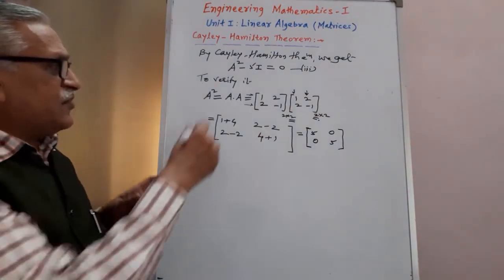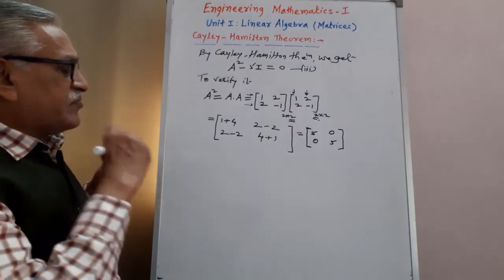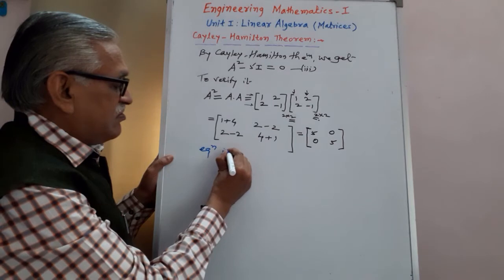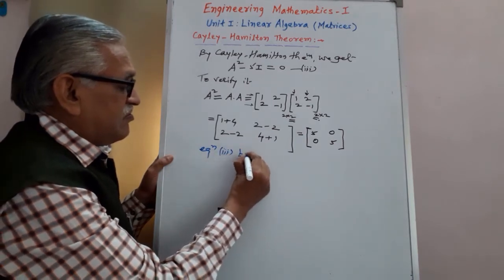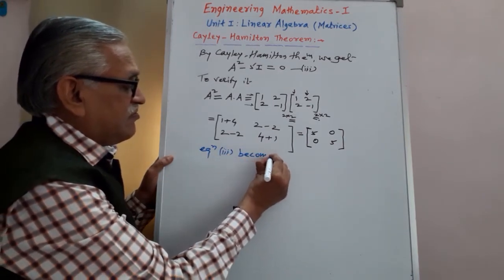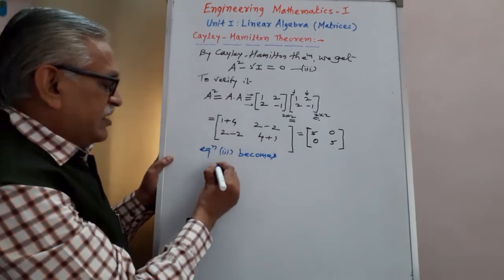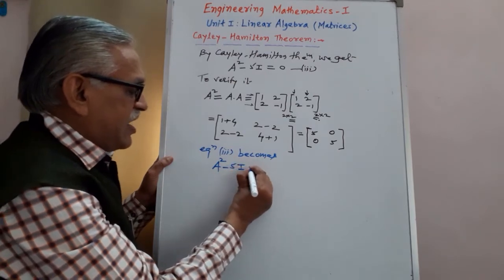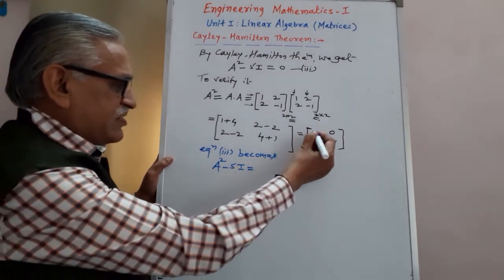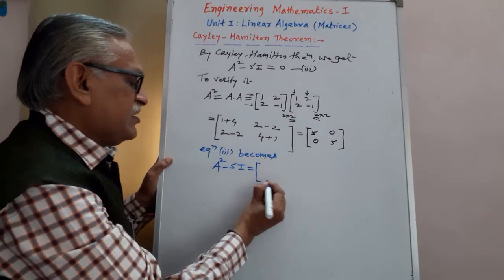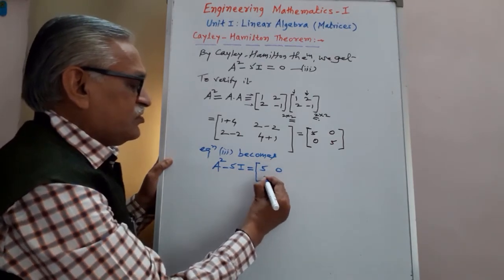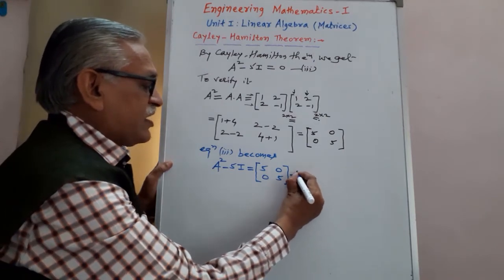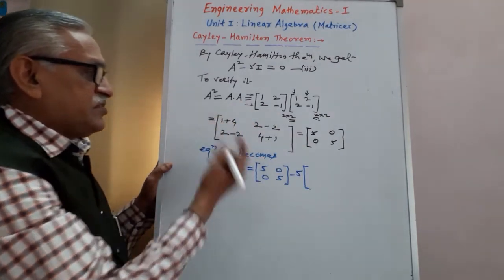And therefore, substituting this in equation 3, it is A square minus 5 times I, and that is equal to A square, the matrix with elements 5, 0, 0, 5, minus 5 times the identity matrix of the same order.